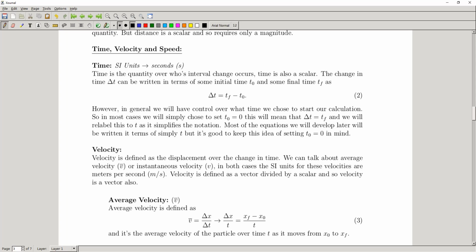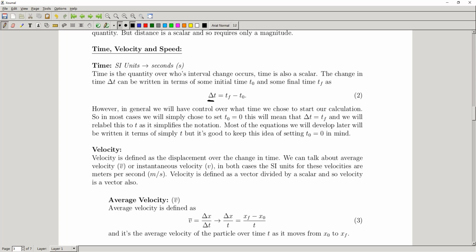And time is just described as the quantity over whose interval change occurs. Our change in time, delta t, is defined as the final time minus whatever the initial time was that we started looking at the problem.